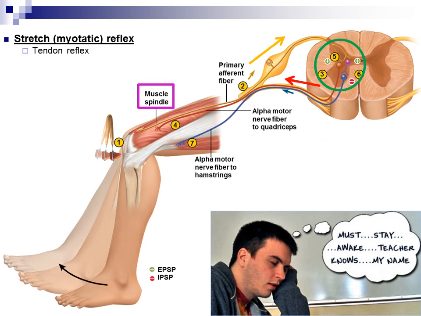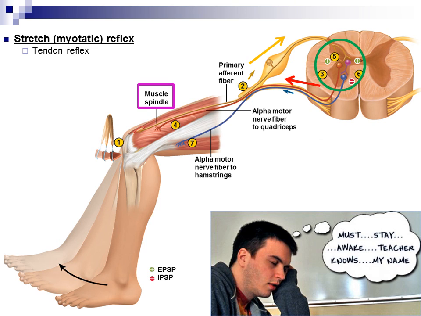However, you may have noticed in the integration center in the spinal cord that the axon of the primary afferent neuron also synapses onto another neuron, an interneuron, shown in purple. Do you have any guesses as to why this would occur? Hopefully, you will remember from the previous module that the prime mover in a muscle action often has an antagonist that opposes the action.